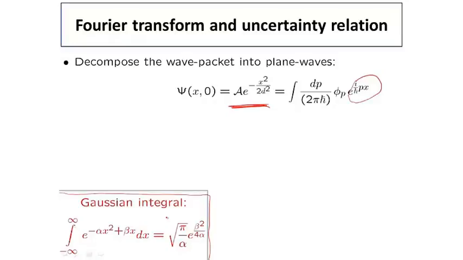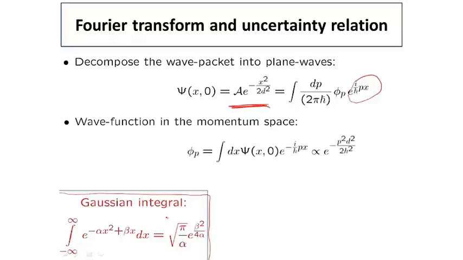Now, the reason it's relevant at this stage of the derivation is because the Fourier transform, or in other words, these Fourier harmonics, which in the context of quantum mechanics are called the wave function in momentum space, are determined exactly by this type of Gaussian integral. Because what we have to do in order to determine this phi of p is evaluate the integral of this exponential e to the power minus x squared over 2d squared with this e to the power minus i over h bar px.